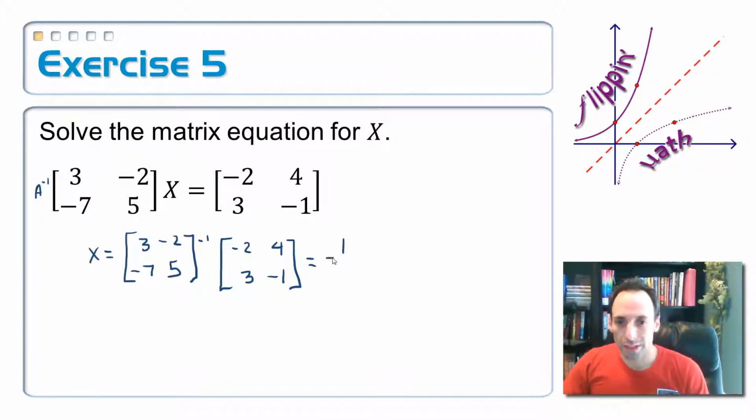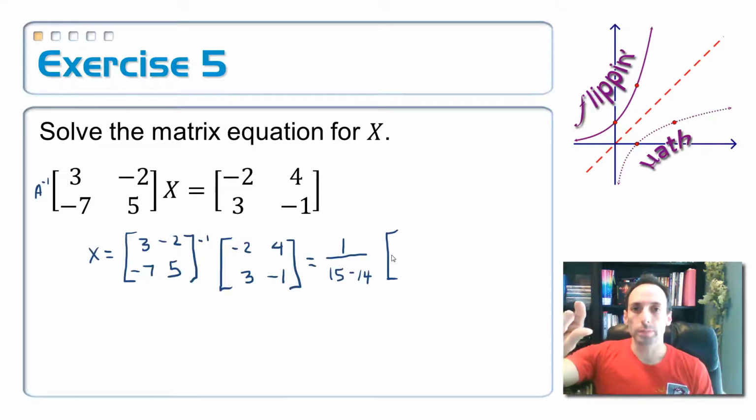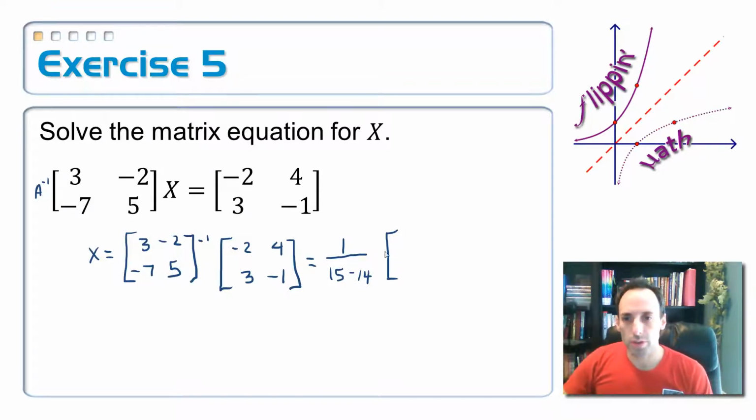All right, so let's continue with this multiplication. I need to divide everything inside of the inverse by its determinant. So 3 times 5 is 15, minus negative 7 times negative 2, which is a positive 14. Hey, that's pretty handy, because that's just going to end up being 1. Now I need to scramble up all the numbers in this matrix.